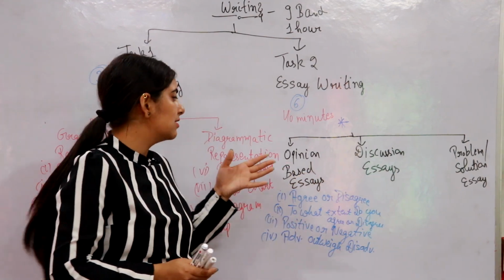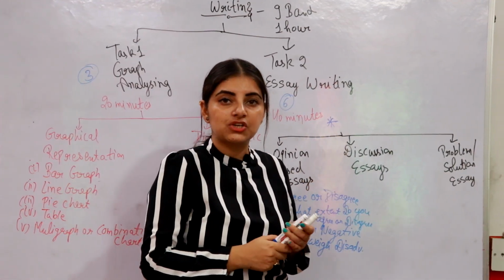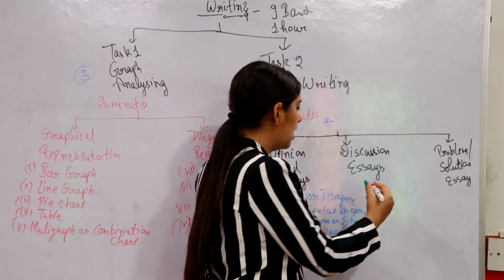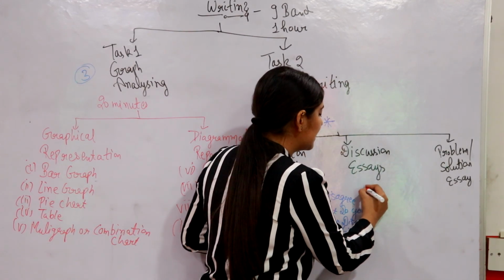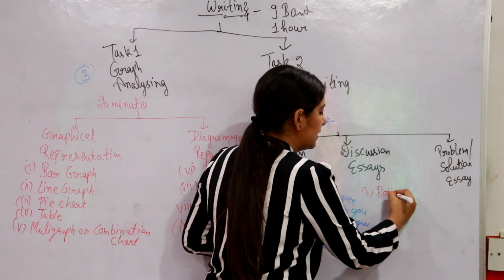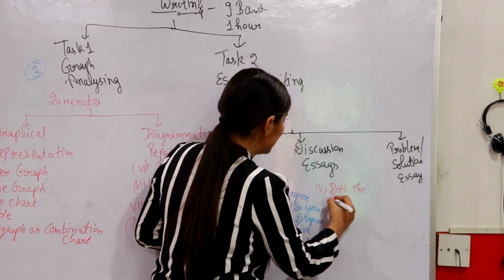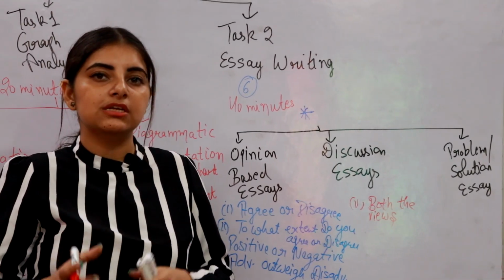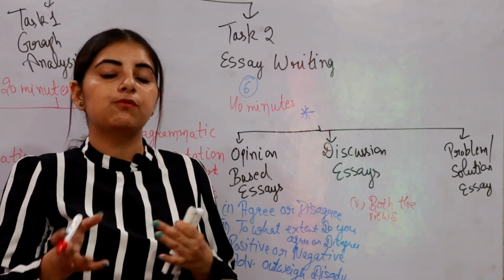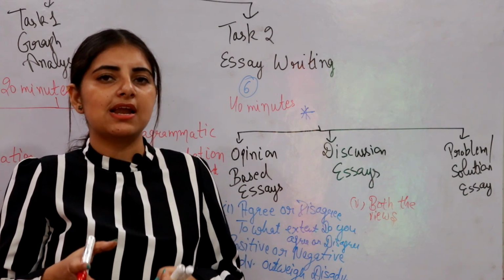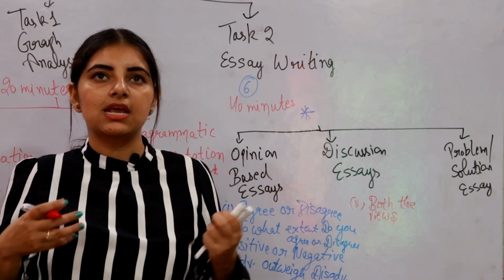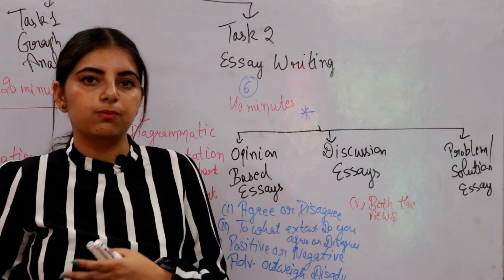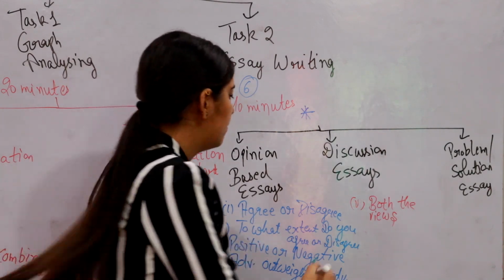So let's move towards the next category, which is discussion essays. Under discussion essay, basically there are two types of essays. First one is, as the name indicates, discuss both the views. Either you have to favor both the views or you are being the critic of these views, but you have to discuss both.